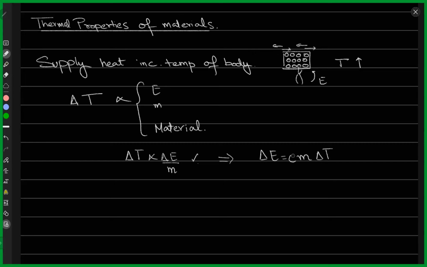This constant is C, given a name, and it's known as the specific heat capacity. All right, now what is specific heat capacity? Does anyone have any idea? Can you guess from this equation what specific heat capacity should be?